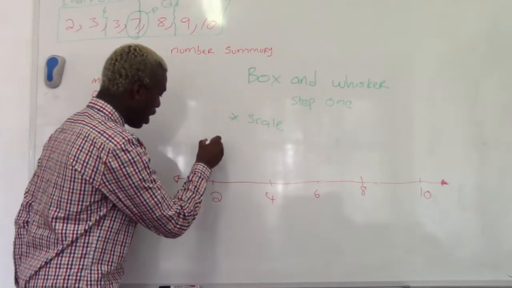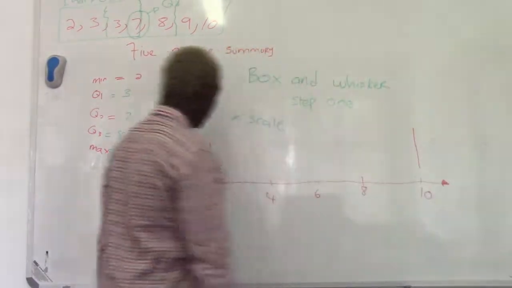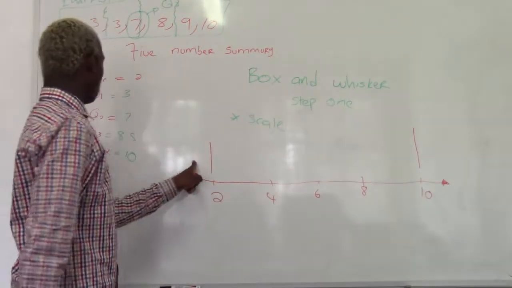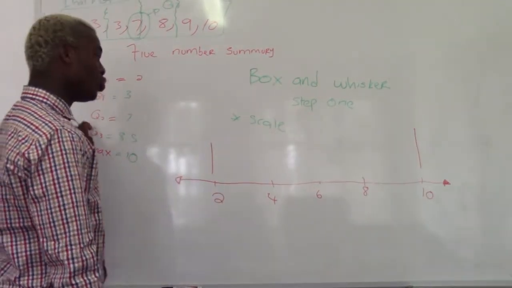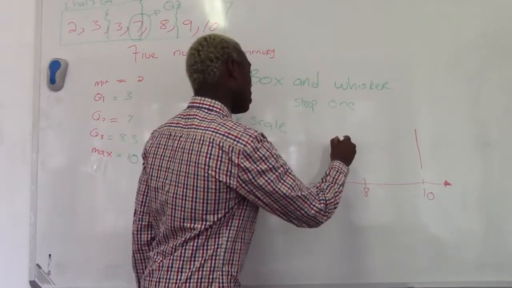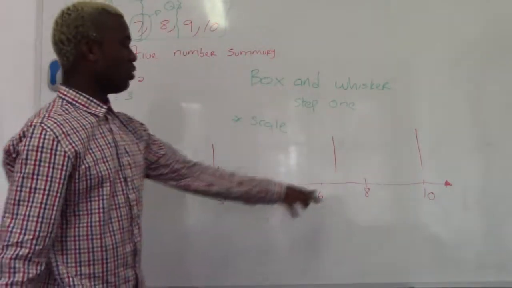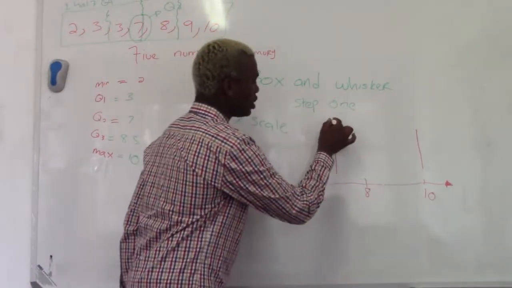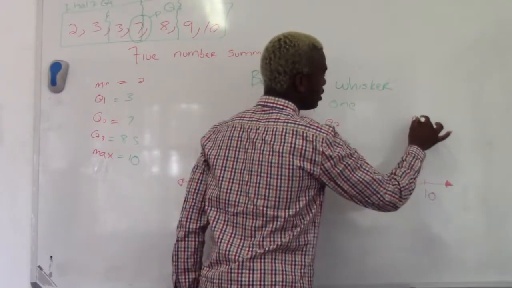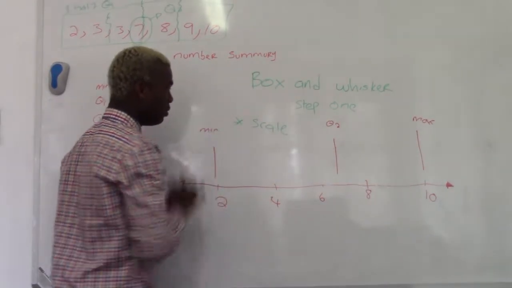So this is our minimum and this is our maximum. Now we're going to plot Q2, which is between 6 and 8. So this is our Q2.